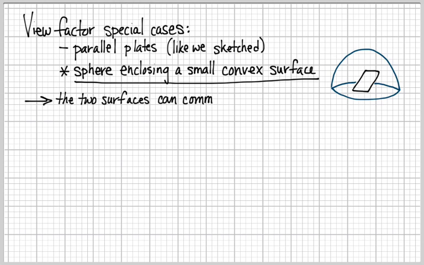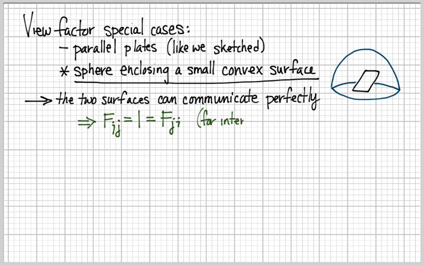In these two special cases, the two surfaces, the inside of the sky dome and the outside of my solar panel, are communicating perfectly. The view factor will be effectively 1 at that point, as it would be between the internal surfaces of parallel plates. And in that rare scenario, the view factors for the two surfaces are going to be equal to each other. Otherwise, they will not be equal to each other.